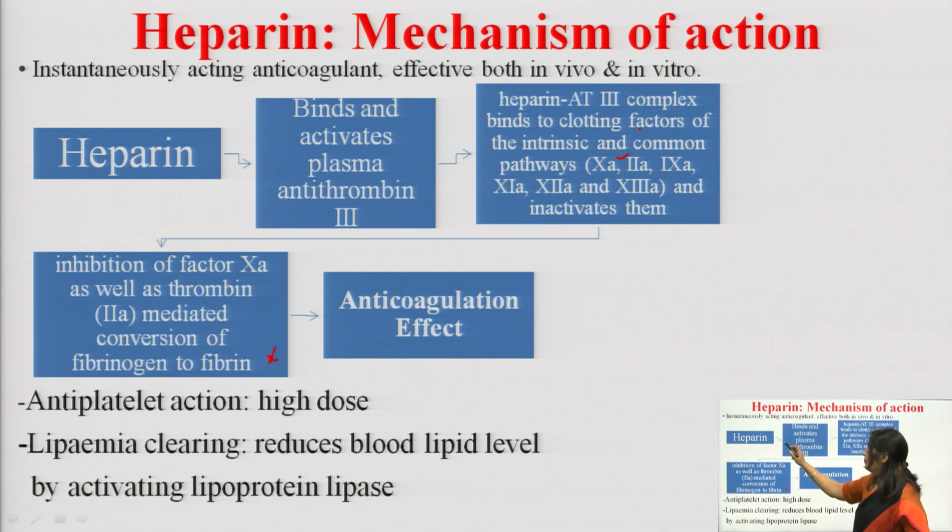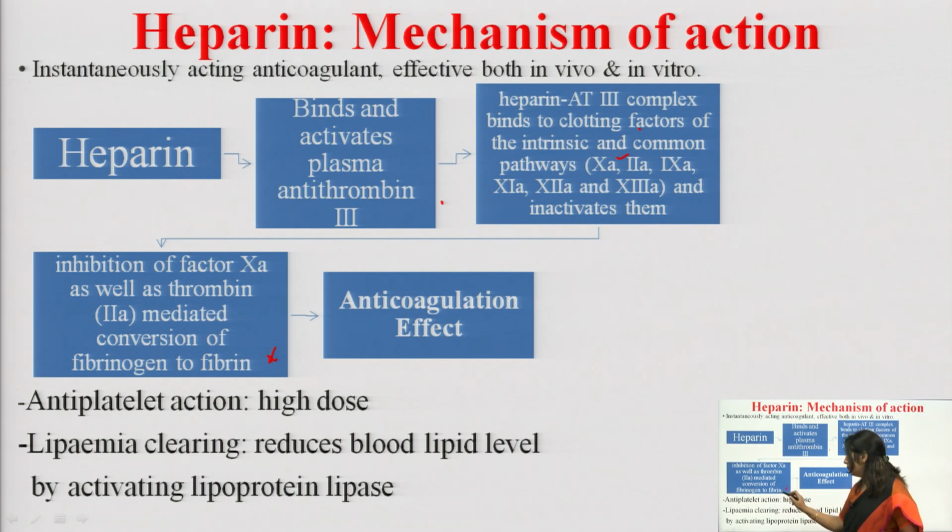Okay? So, heparin binds and activates plasma antithrombin 3. This complex will further inactivate various clotting factors that would result in the inhibition of factor 10 and thrombin, and thus it will prevent the conversion of fibrinogen into fibrin, and thus there will be no clot formation.